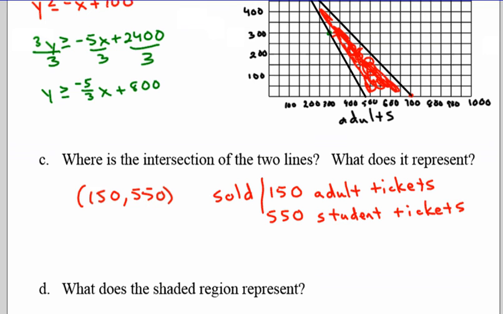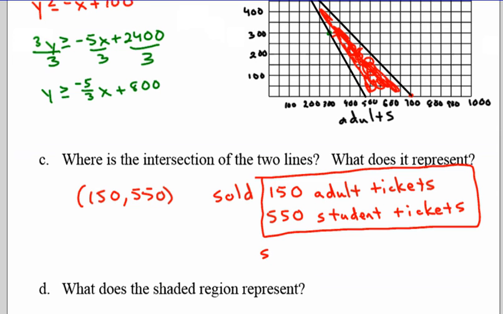Then they sold out, right? They sold all 700 seats. They sold out and made $2,400. Okay, so they sold out the auditorium, they maxed it out, and they made the minimum amount of money they wanted. Okay.